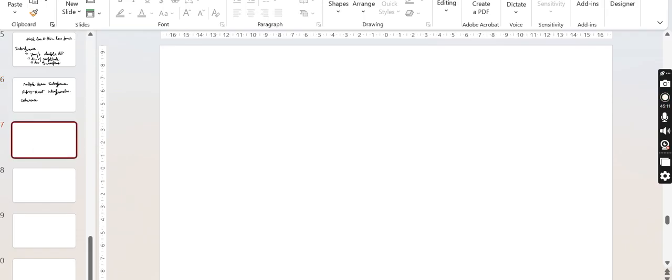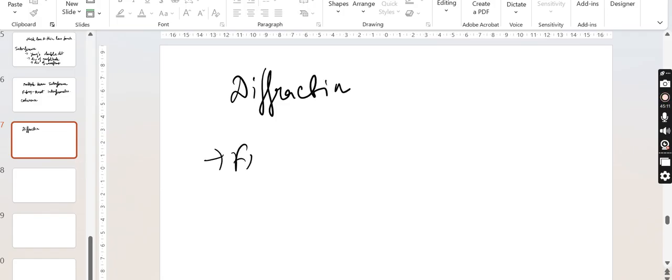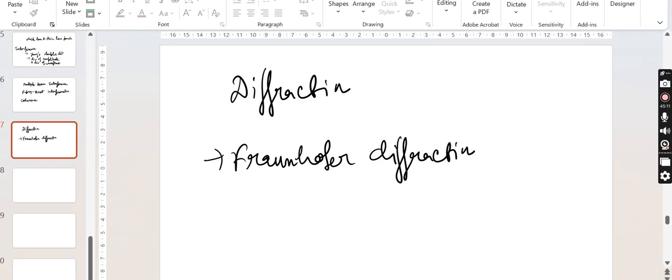We have gone through diffraction, Fraunhofer diffraction, Fresnel diffraction, their conditions, half period zone, vibration curve.